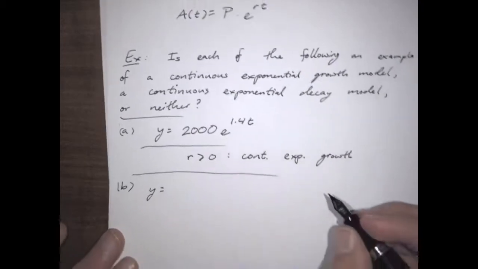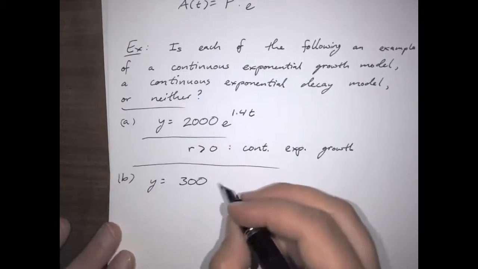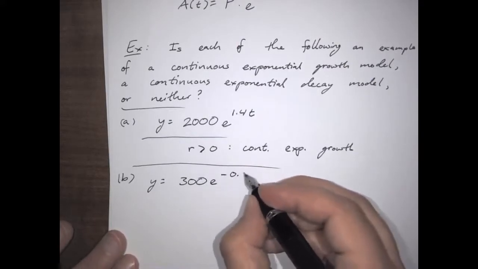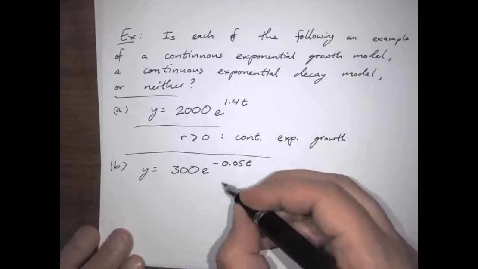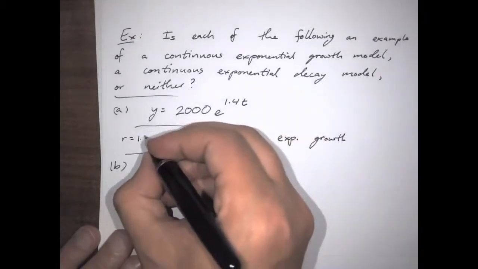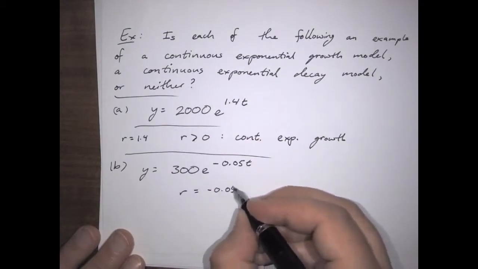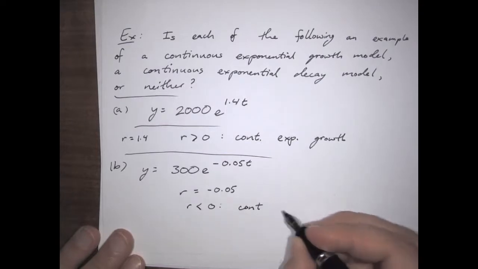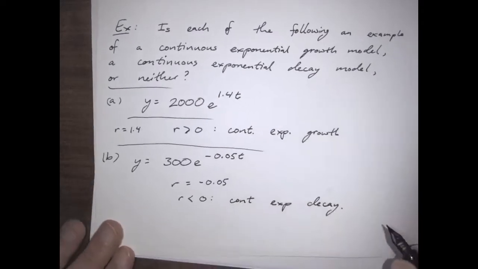On the other hand, we can look at something like y equals 300 times e to the negative 0.05 t. The r was equal to 1.4 in the first one. Here the r is equal to negative 0.05, so r is less than 0, which means continuous exponential decay.